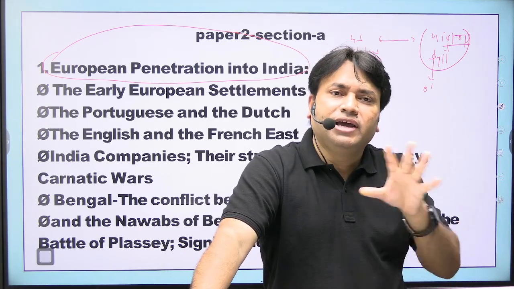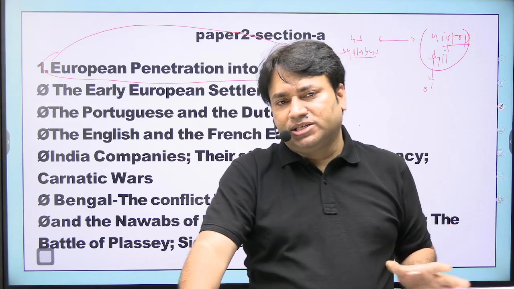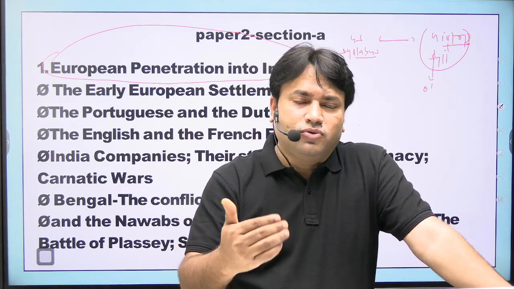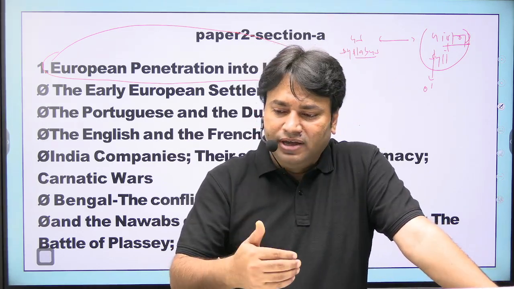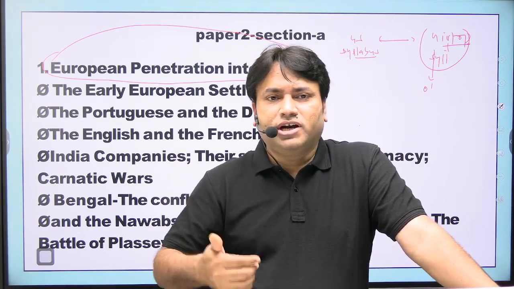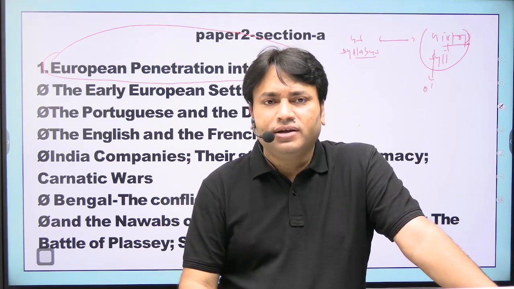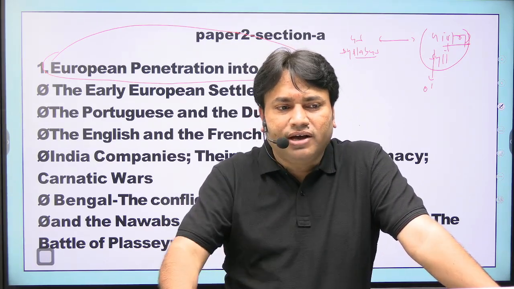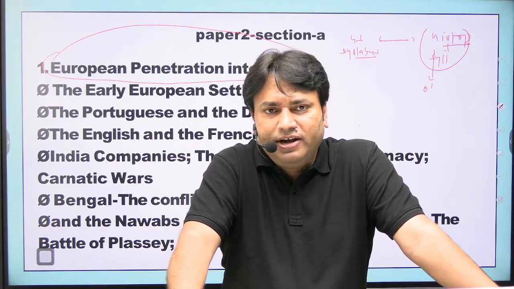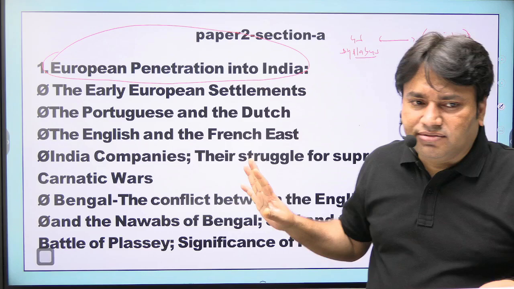We already studied this in our GS paper. We are also familiar with the impact of this process on trade and commerce, deindustrialization, and drain of wealth. All this we have studied in our GS paper.